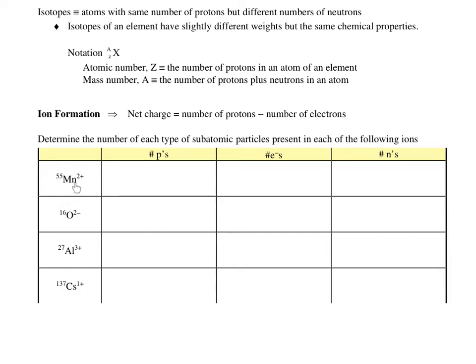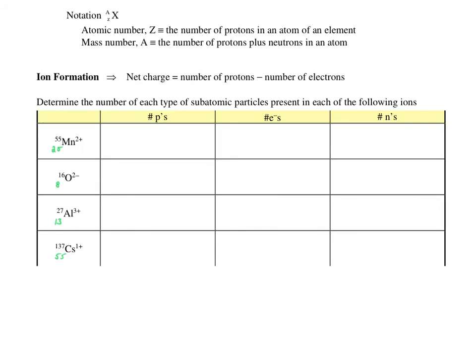So for each of these, we're going to go to the periodic table, find where this element is within the periodic table, find its atomic number, and write it in. These preceding subscripts correspond to the atomic number associated with each of these elements. Now that we know the atomic number, we can immediately write in the number of protons that are associated with each of these.